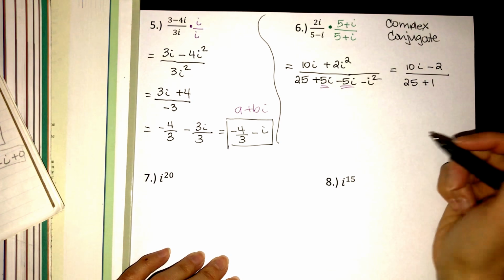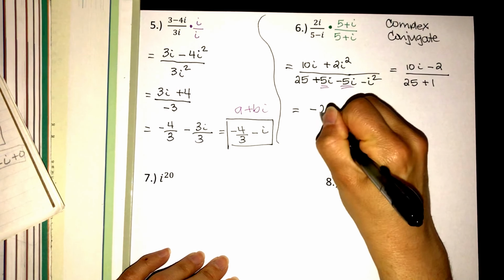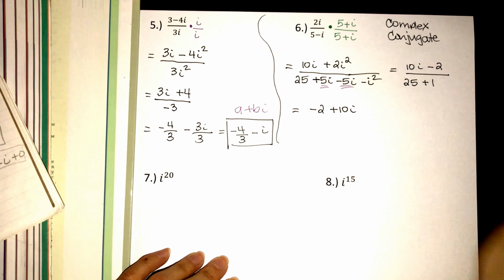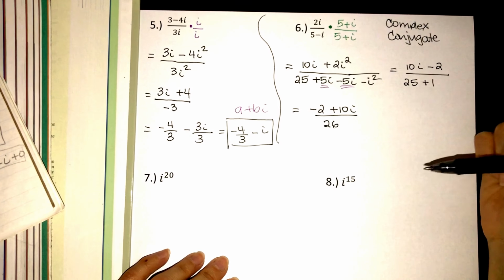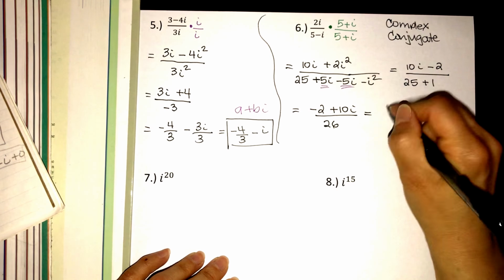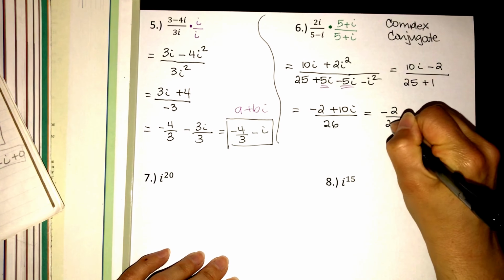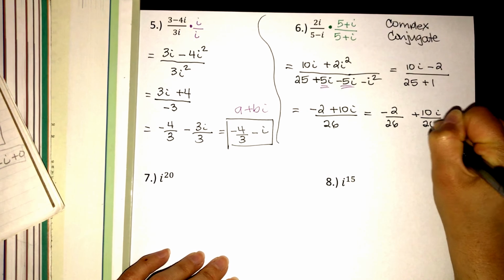So now we just need to do a little bit of simplification. I'm going to write this as negative 2 plus 10i over 26. I just switched the order. You got to put this in a plus bi form, and notice that you can reduce. So basically break this up into 2 fractions, and we're going to reduce each one.